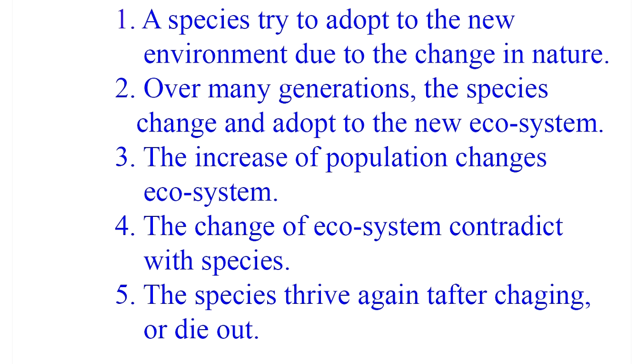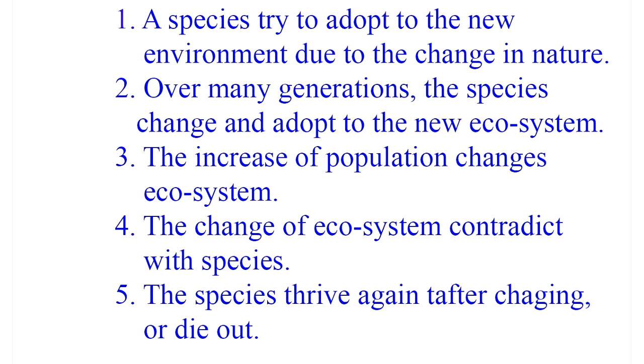Occasionally, species increase population and change the ecosystem. It may decimate the ecosystem, like a locust storm that just eats up everything, or a population of mice that is going to eat up every food possible, and they change.